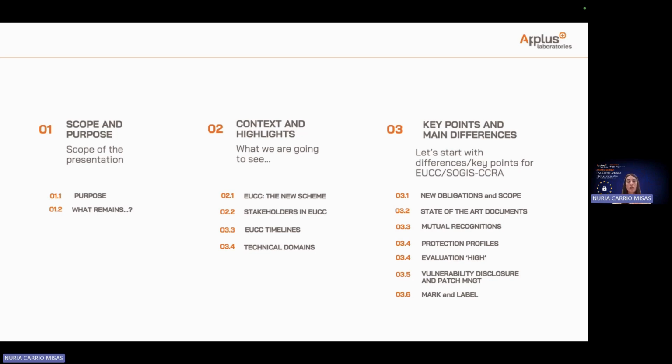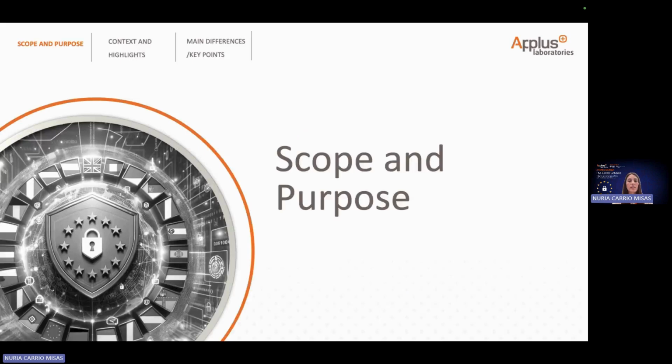We are going to put some context around the EUCC: timelines and stakeholders in the EUCC scheme. And in the third block, maybe the most important one, we are going to make a journey through all the key points and differences between the former schemes, SOG-IS and CCRA, and the new EUCC. Okay, so let's move.